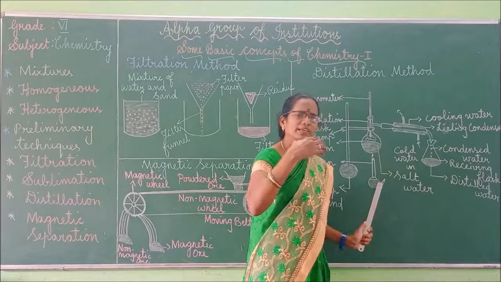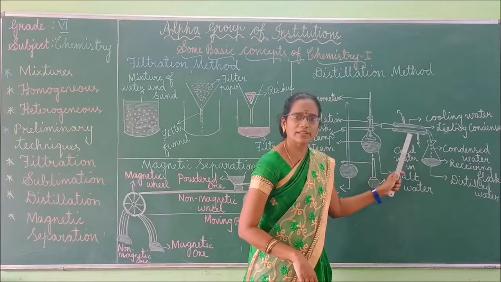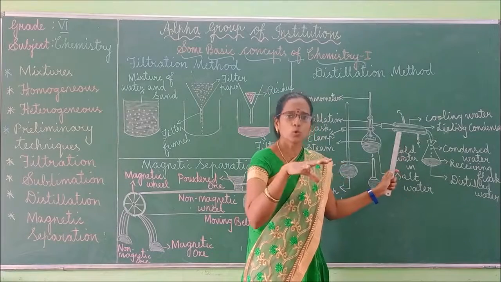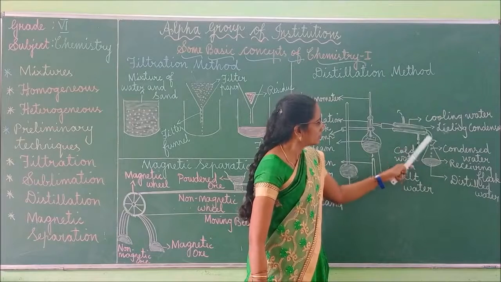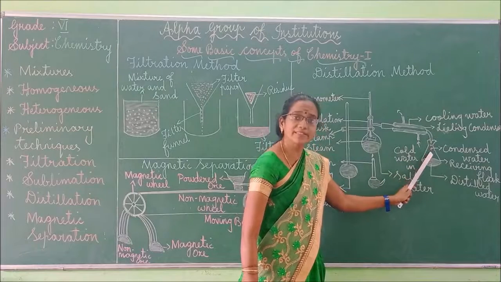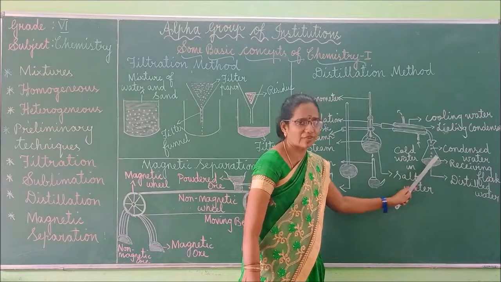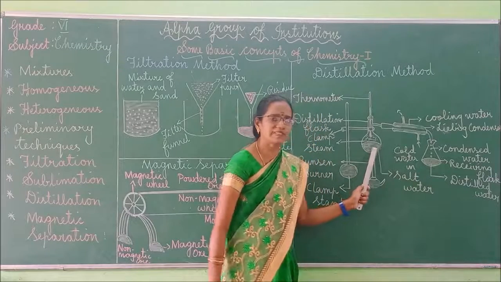At a particular time, if the temperature goes very high, cooling water is used. It is mainly used for cooling purpose. So this is the cooling water, and through this condenser, the condensed water is received in this receiving flask or conical flask.